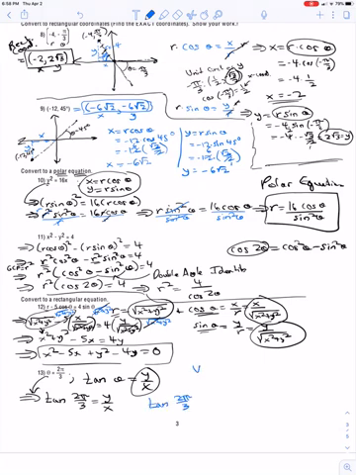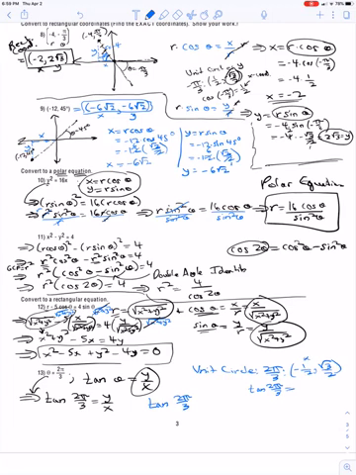Well, 2 pi over 3, let's talk about the unit circle. On the unit circle, we've got an angle 2 pi over 3, that's our 60-degree mark in quad 2, pi minus pi over 3, which has an x-coordinate of negative 1/2 and a y-coordinate of square root of 3 over 2. So we're talking about tangent of 2 pi over 3.